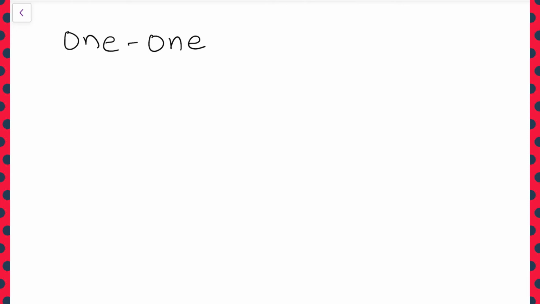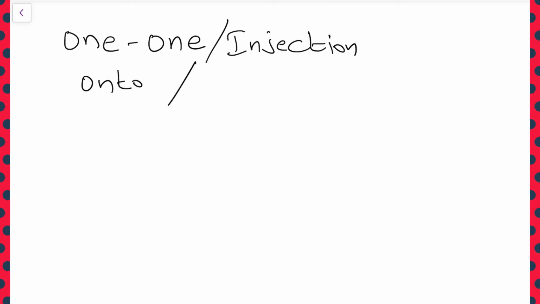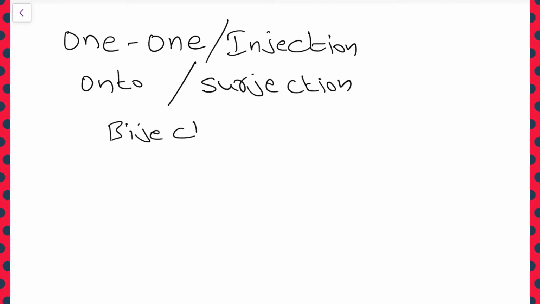One type is the one-one function, also called injection. The next type is the onto function, also called surjection. And the next type is bijection.